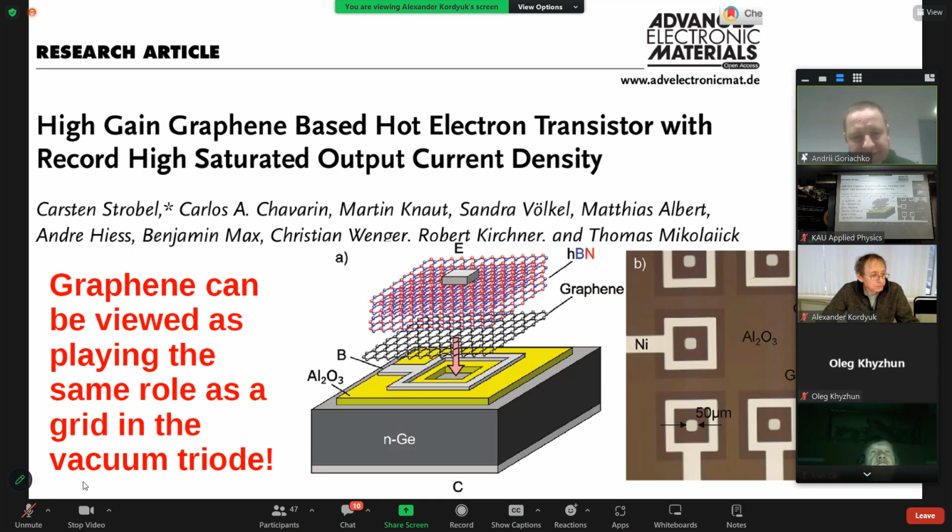And if you look at the analogy in vacuum electronics, in this case you can consider graphene as playing the same role as a metal grid in the vacuum triode.